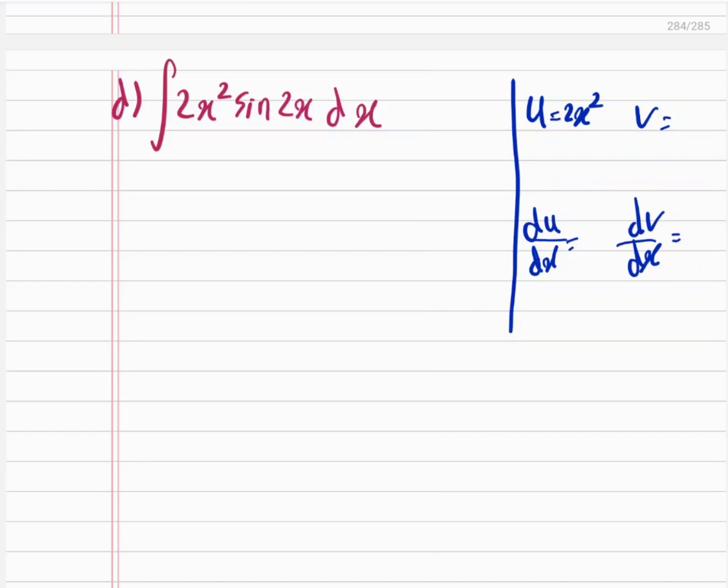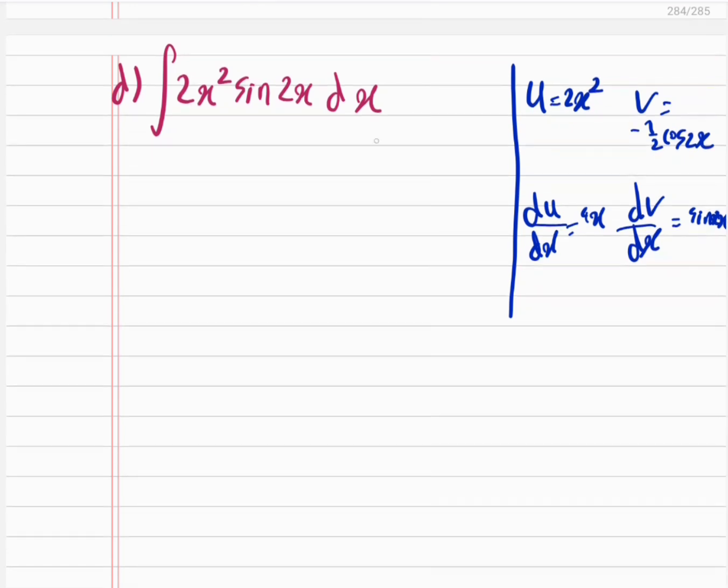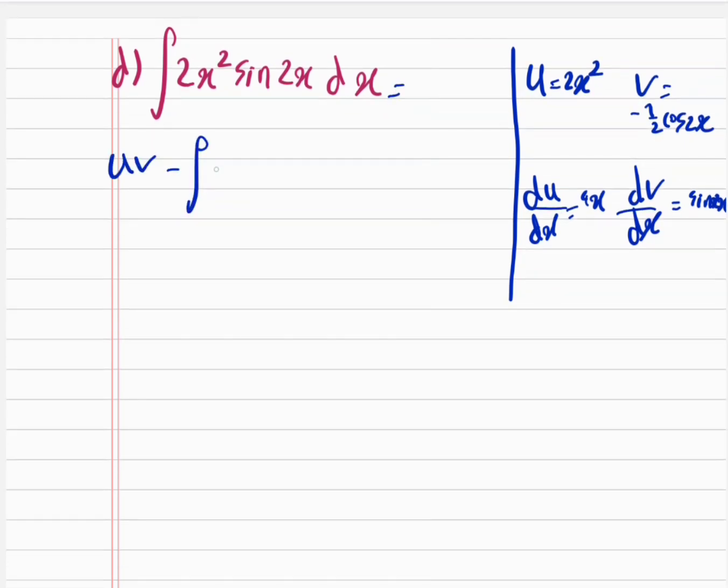In this case, u is equal to 2x squared, so its derivative is 4x, and then dv by dx is sine 2x. When we integrate sine 2x, we get minus a half cos 2x. Now we use the formula of integration by parts: uv minus the integral of du by dx times v dx.